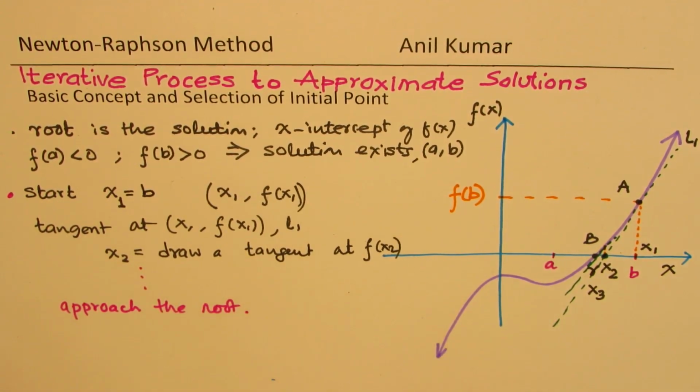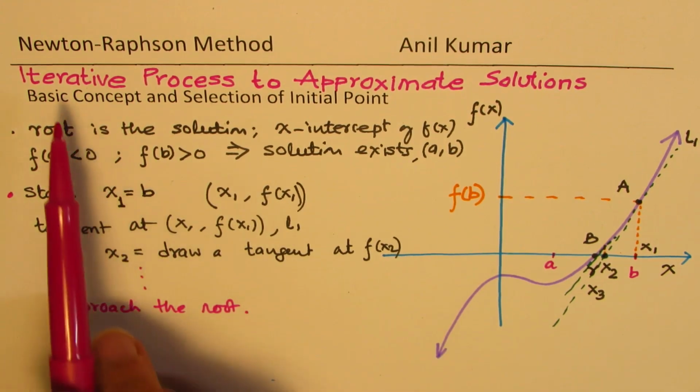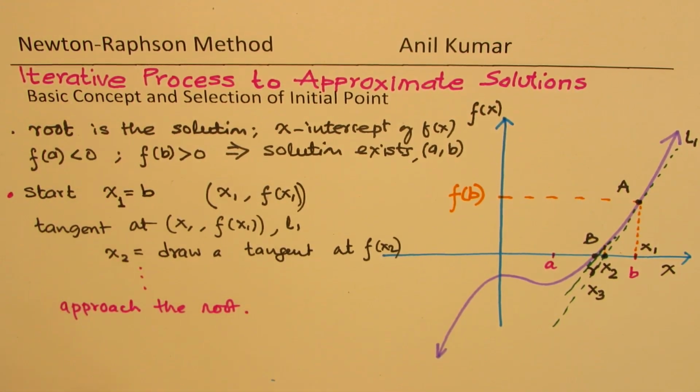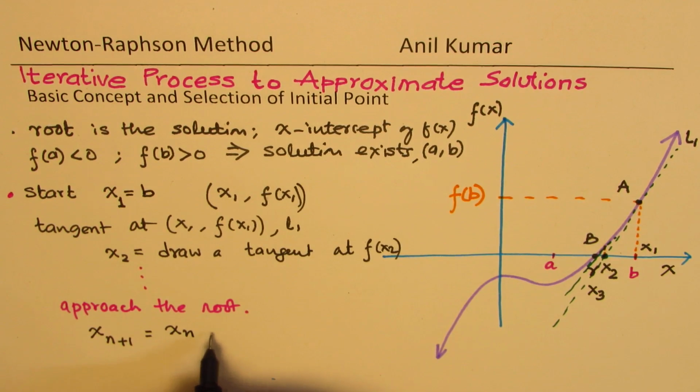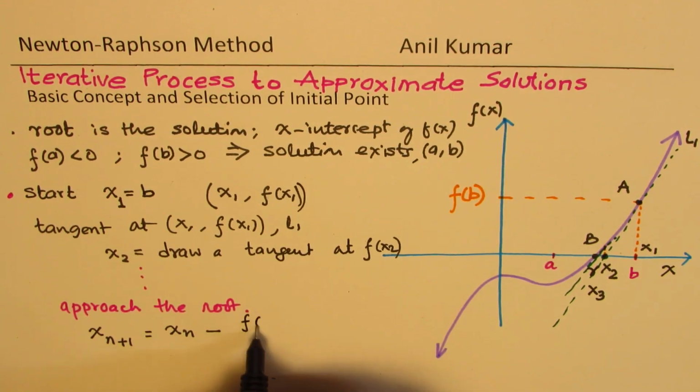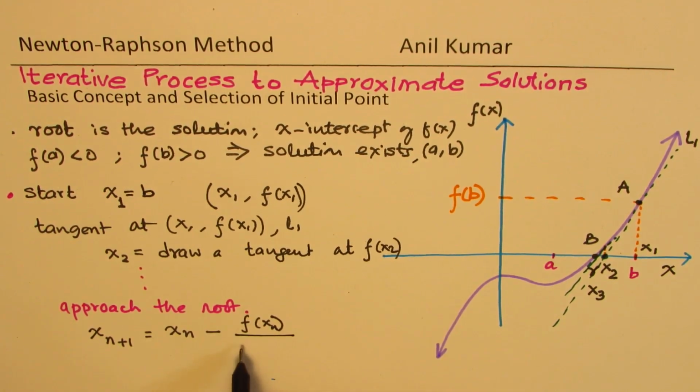Now since this process is repeated, it is called an iterative process, correct? Now there is a formula which helps us to figure out all these values. So the general formula is that xn plus 1 is equal to xn minus the value of the function at the nth point divided by the derivative at this particular point.